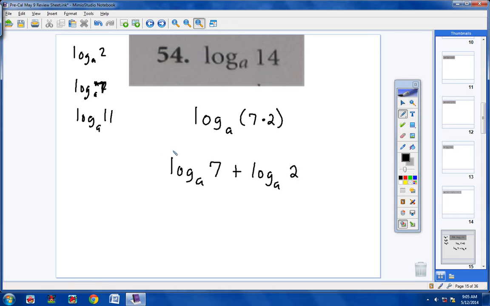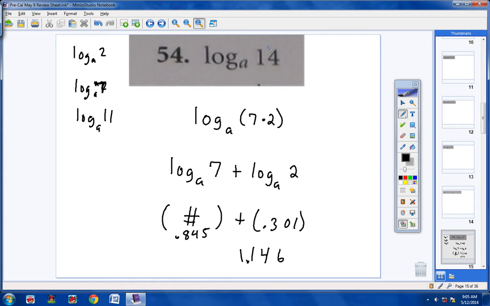Whatever the directions say the log of 7 is, put that number right here. Okay, 0.845, and the logarithm of 2 is 0.301. Add those two together and we get 1.146. Okay, so there we go.